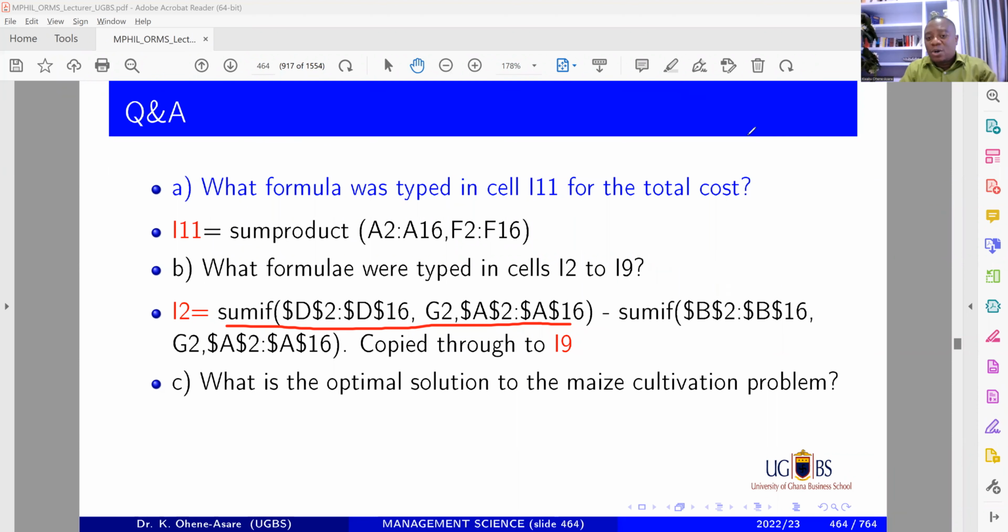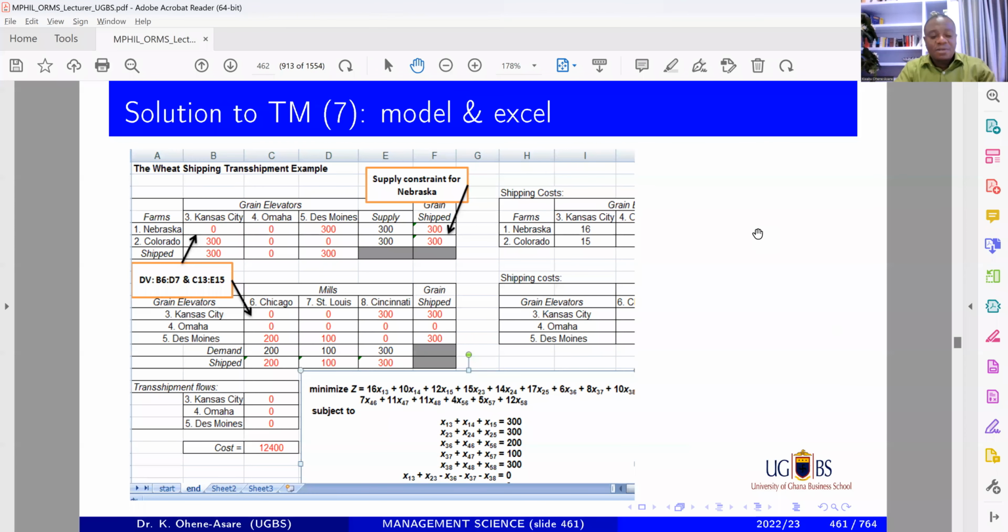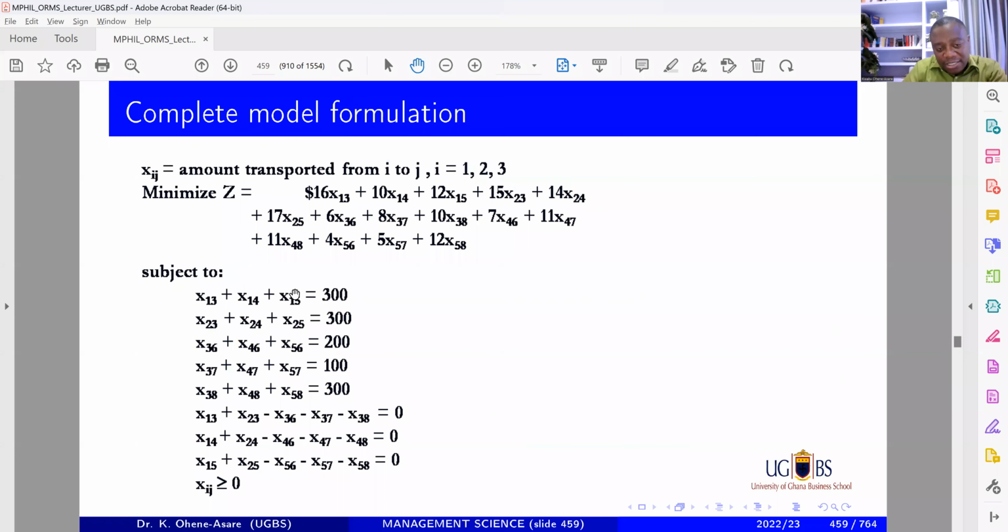What you can do is go check the formula here. Ask yourself, what am I doing to get to this? This information is what we are looking at. You are multiplying the decision variables to get the 300.